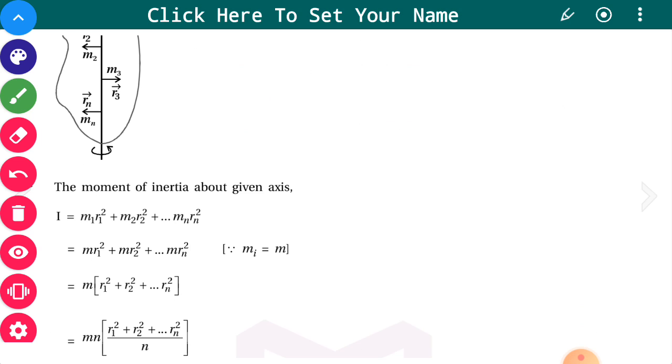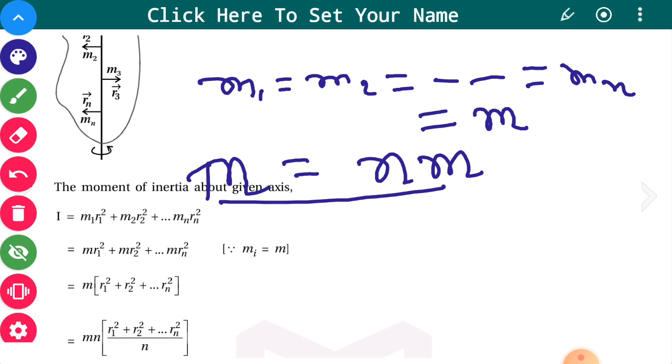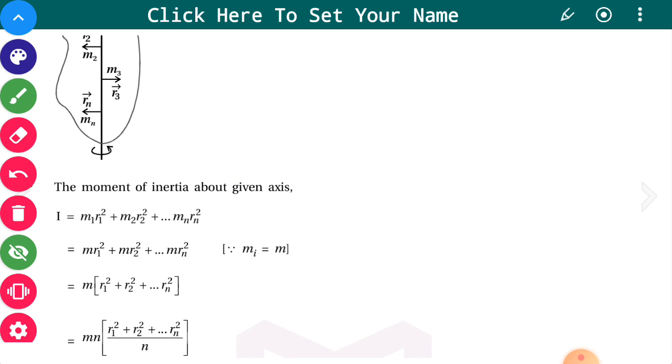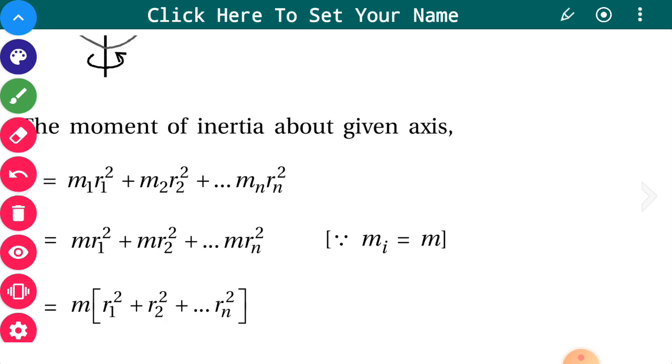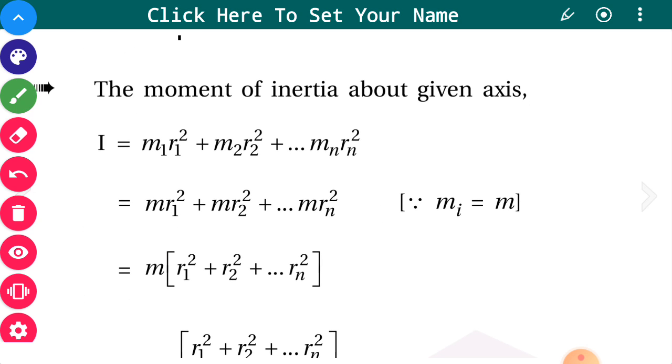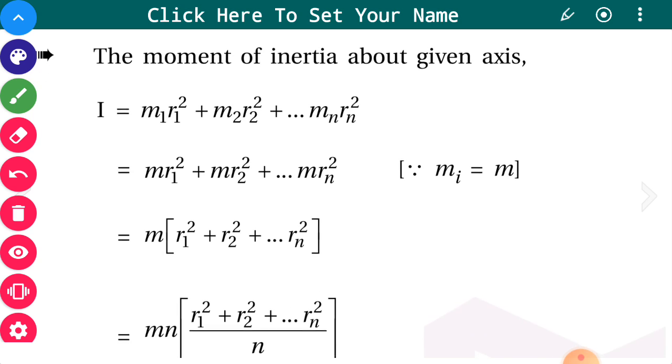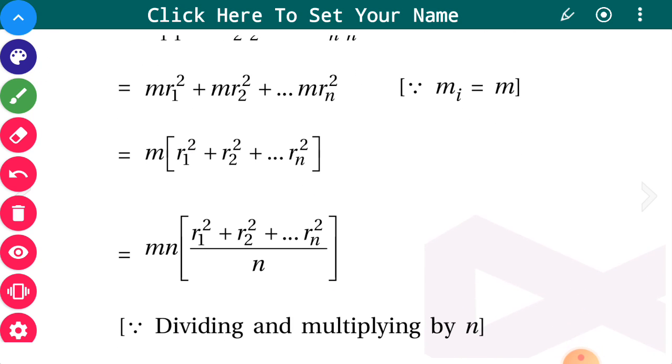Now if you want to find the moment of inertia of this system of n particles, then this is our general formula: m1 r1 square plus m2 r2 square plus up to plus mn rn square. But instead of m1, m2, because their masses are the same which we have taken, all the masses are replaced by m. M is taken common, and then it is multiplied and divided by n, the number of particles.